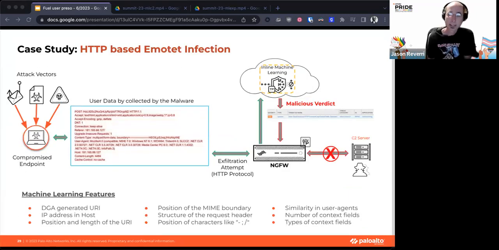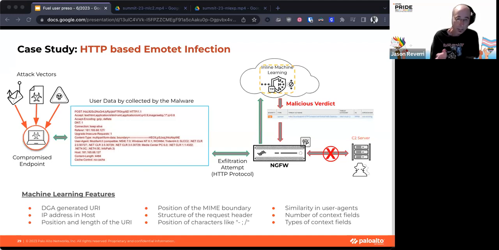Digging into a specific example, here's some HTTP C2 traffic associated with an Emotet infection. So you can see there the HTTP header traffic contains several interesting characteristics, but it's a pretty small amount of data that we've pre-filtered out. That's how we're able to send that and get a verdict back so quickly. The machine learning models are very good at looking at small amounts of data and determining a verdict.